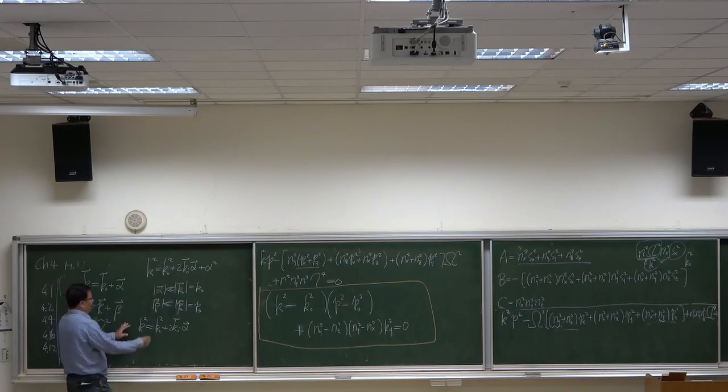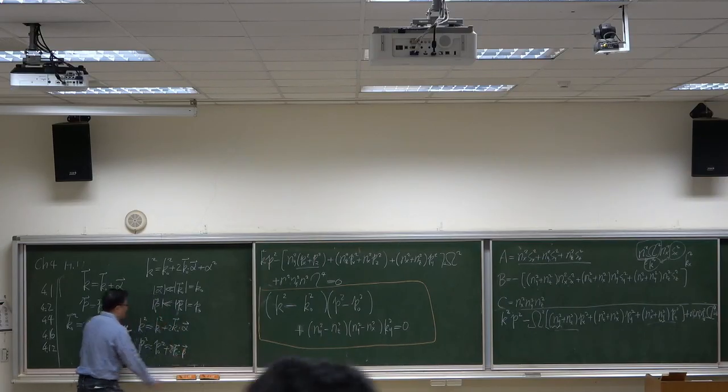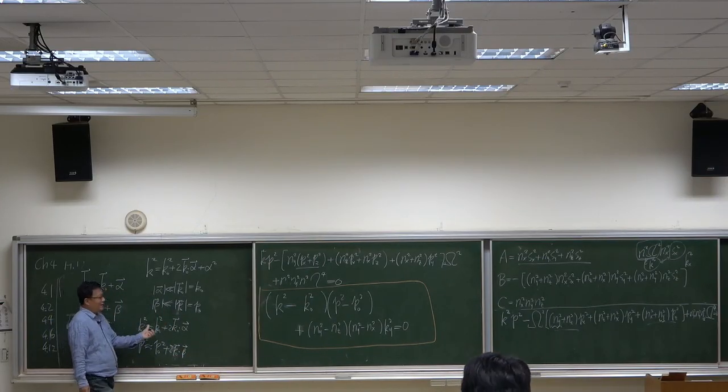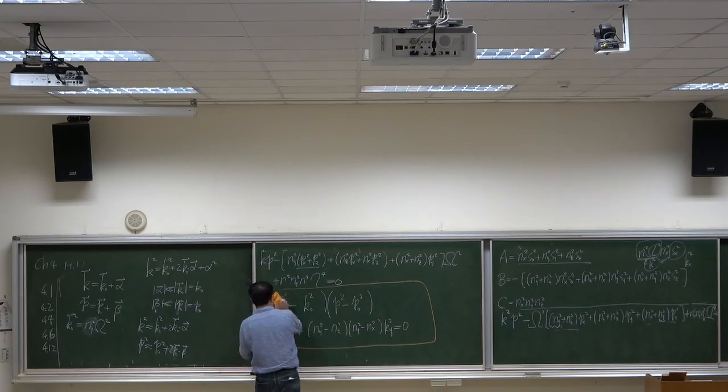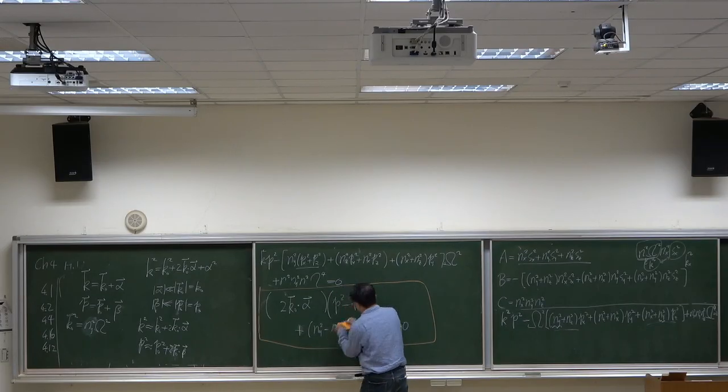And similarly, p squared can be approximated as P naught squared plus 2 P naught dot beta. Okay. So this means that here I can substitute this part as 2 K naught dot alpha, and we can substitute this part as 2 P naught dot beta.